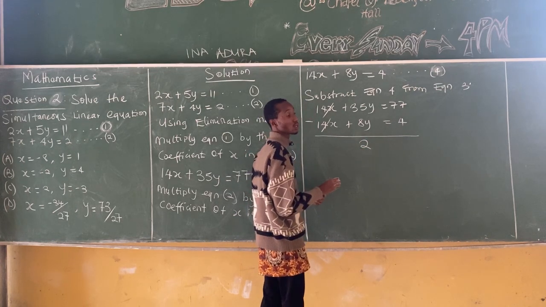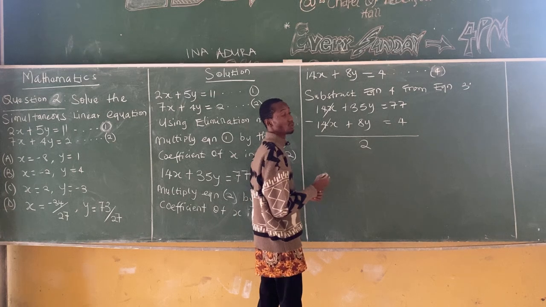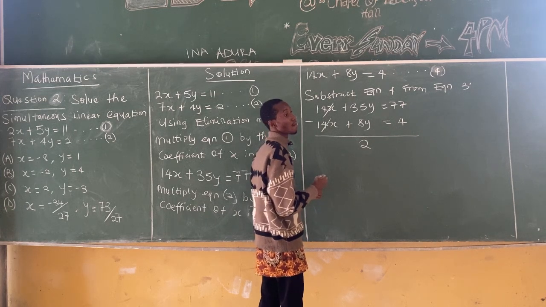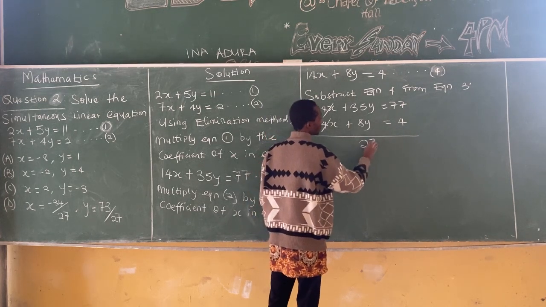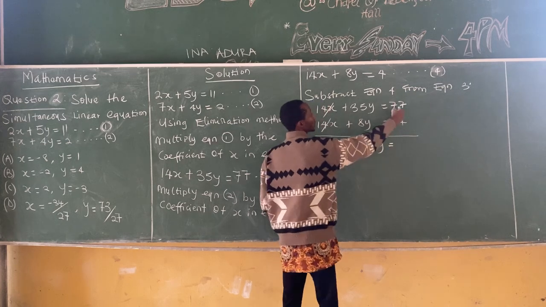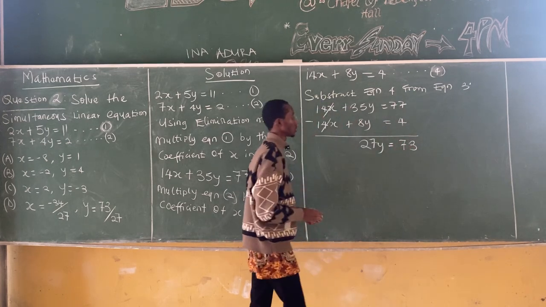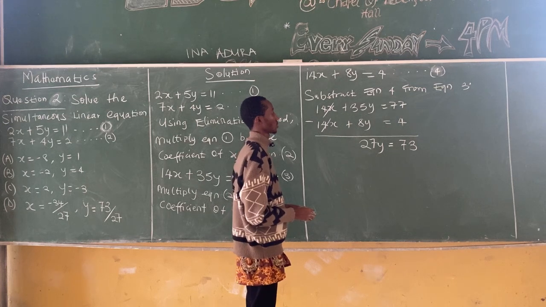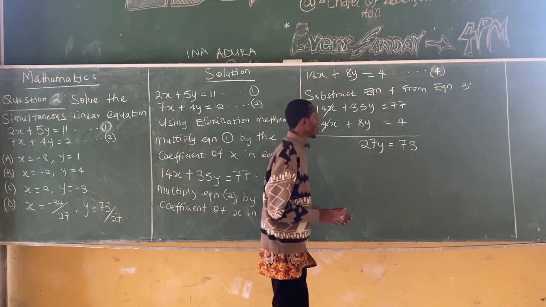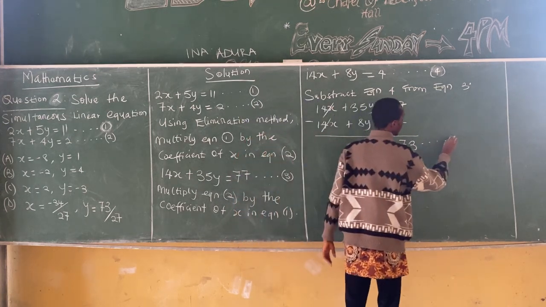So you have 27y equal 77 minus 4 will give us 73. So we have this. Let's call this equation 5.